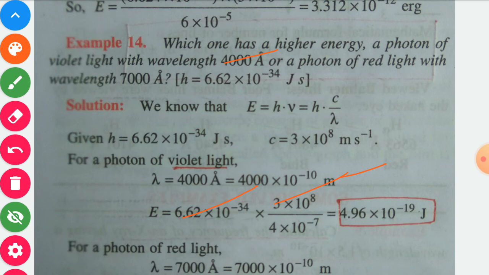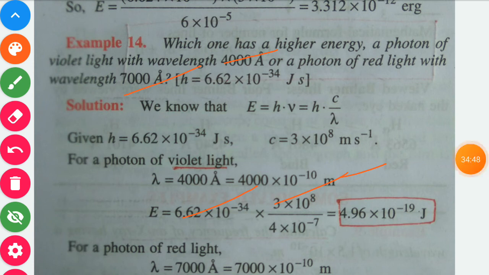Similarly, we may also find out energy for red color. So the wavelength for red color given in the question is 7000 angstrom unit. So it will be 7000 into 10 power minus 10 meter, or we may write 7 into 10 power minus 7 meter.